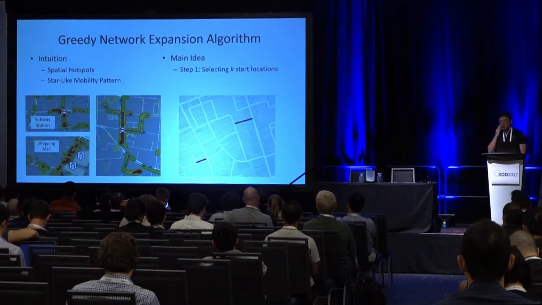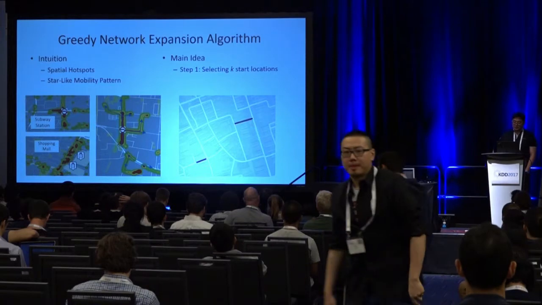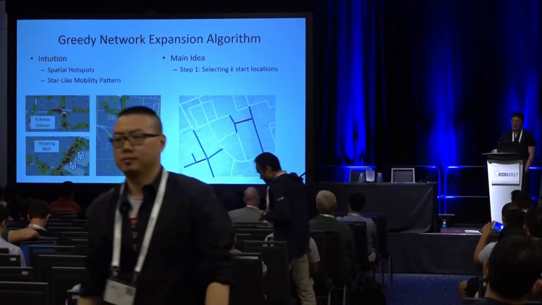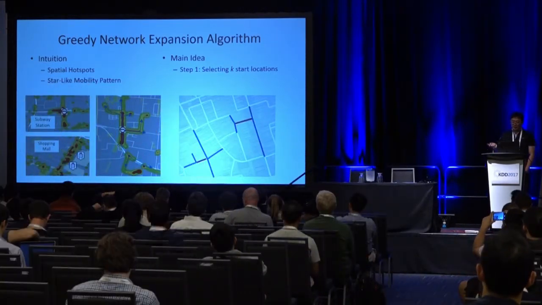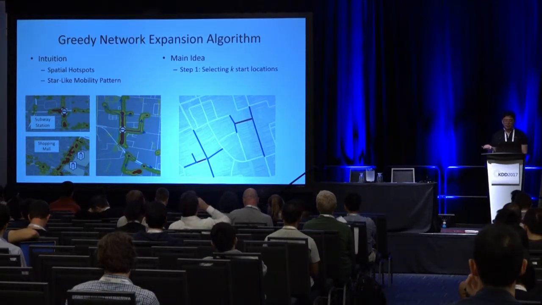The first step, you need to select k start locations. This is defined by the government, how many areas you want to build the bike lanes. After that, you have the candidates from these start road segments. These are the adjacent edges in the road network.